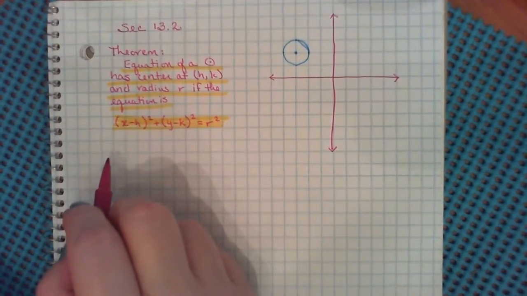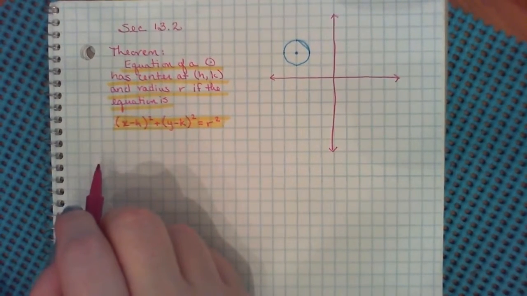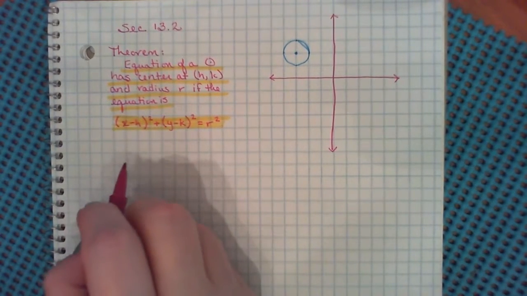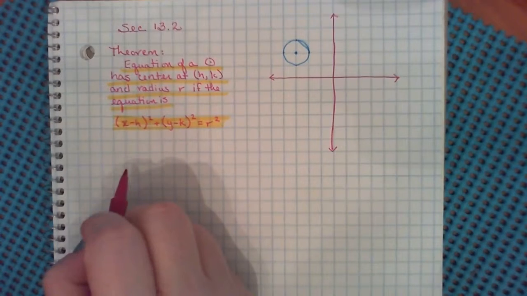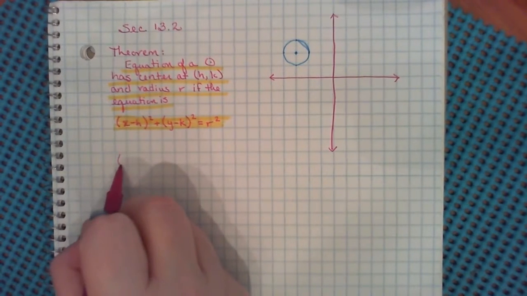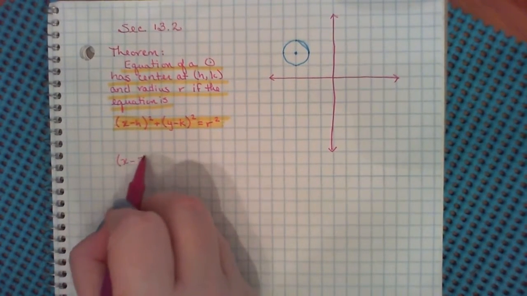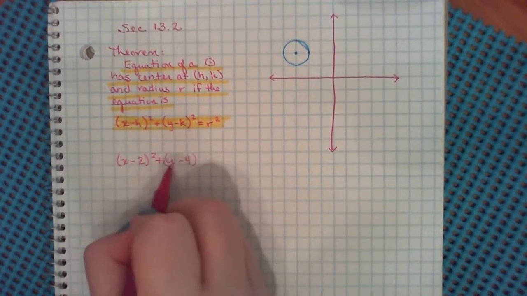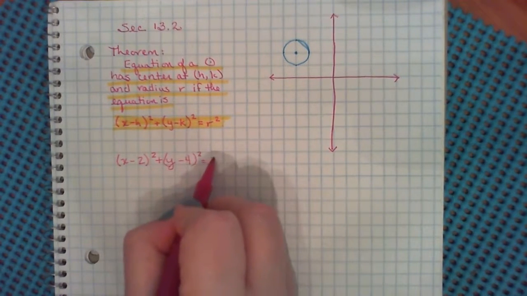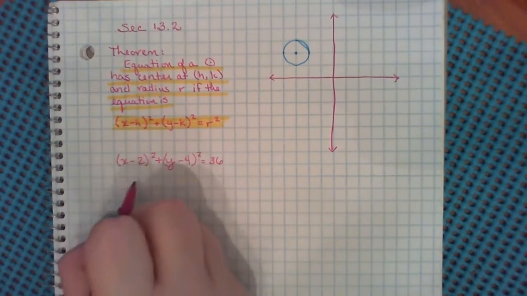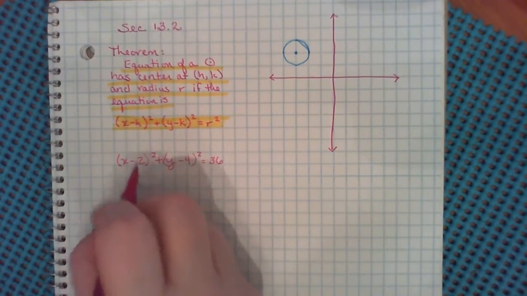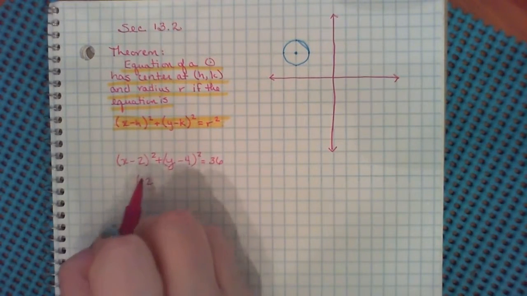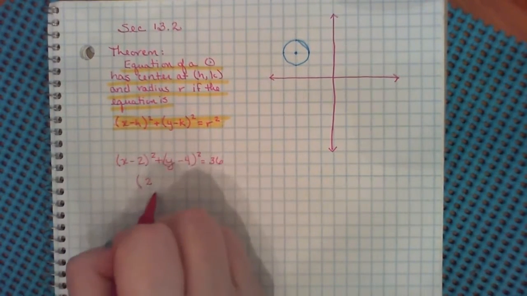If I were to have, for example, an equation like (x minus 2) squared plus (y minus 4) squared equals 36, and I wanted to know what the center was, my x part of the center comes from this number, which would be 2, because the minus goes with the formula.